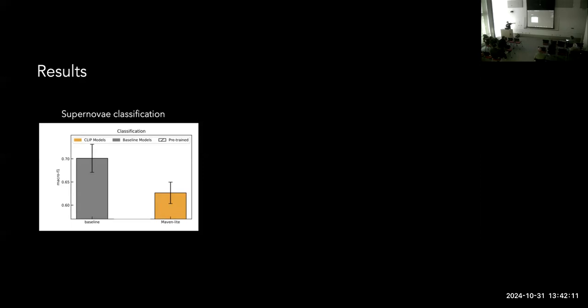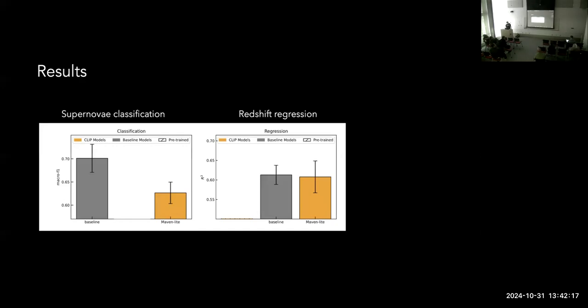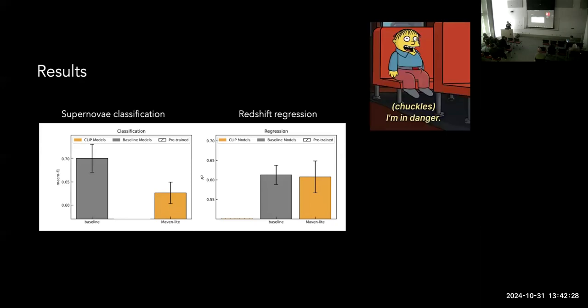This is the model that we produced. And yeah, it's not great. Also for the regression, the other task that I mentioned, we're at least matching it, but we're not doing fantastic. So this was somewhat unfortunate.